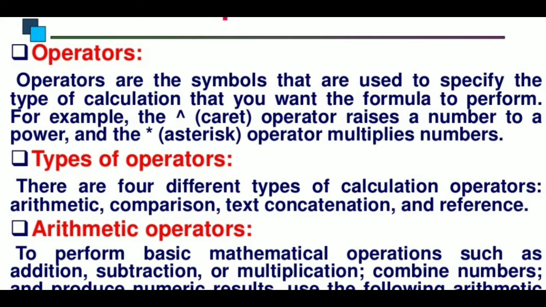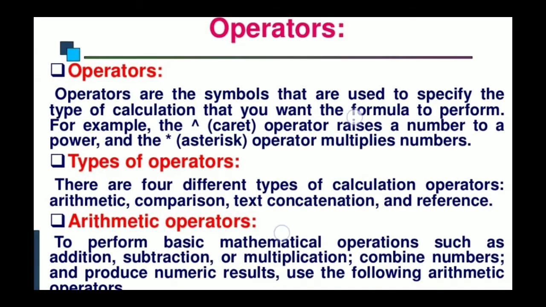For example, we can add two values, subtract, multiply, divide, etc. For example, here you can see the operator caret, which is used to calculate power, and the star symbol is used for multiplication in MS Excel formulas or functions.